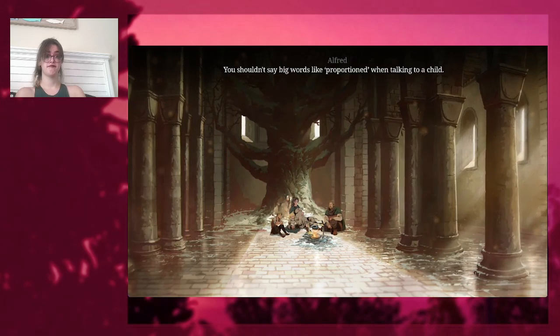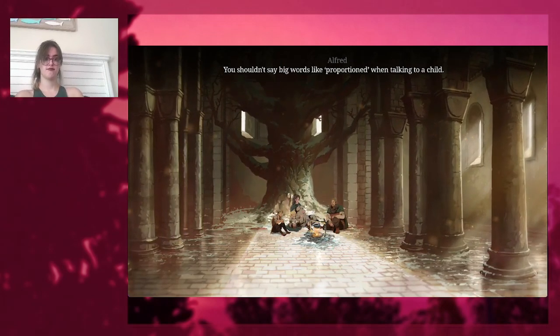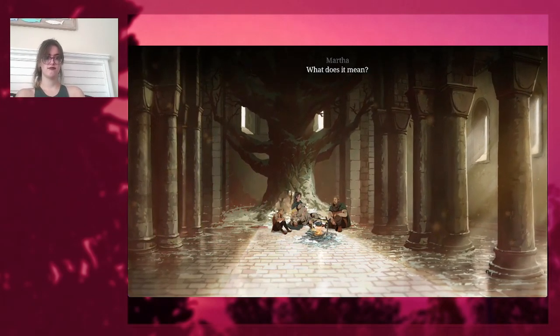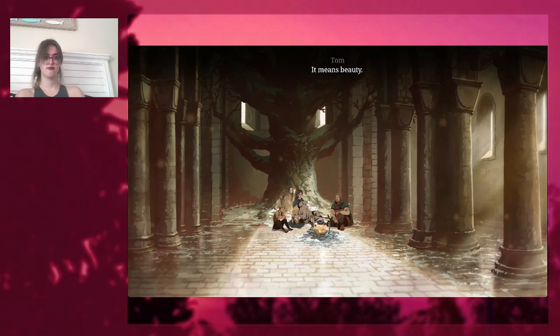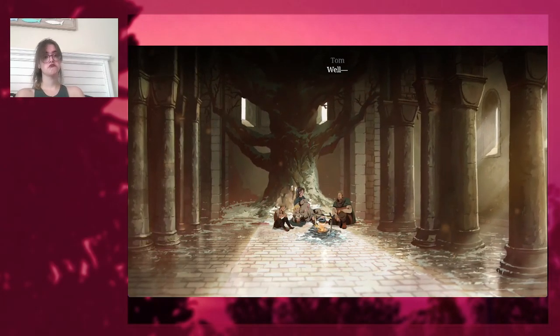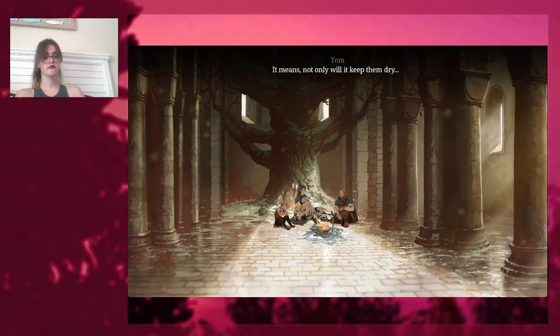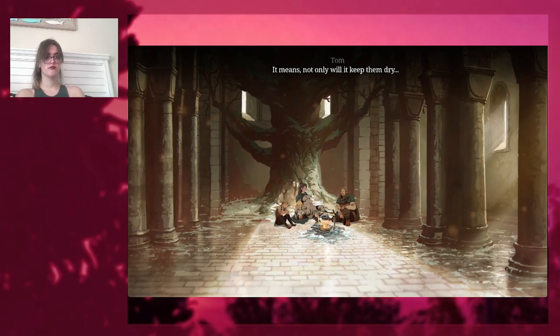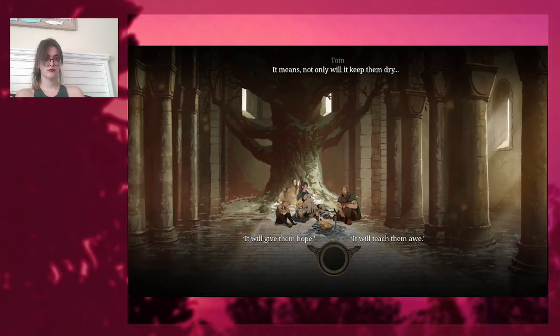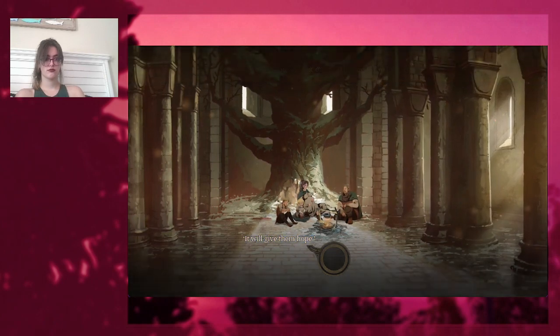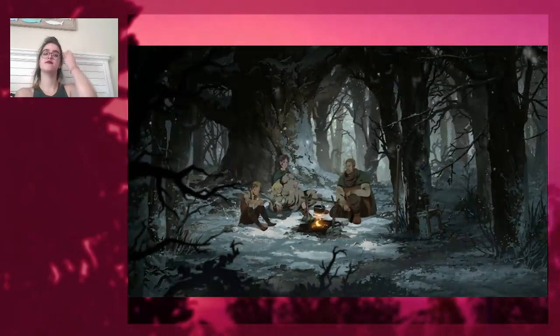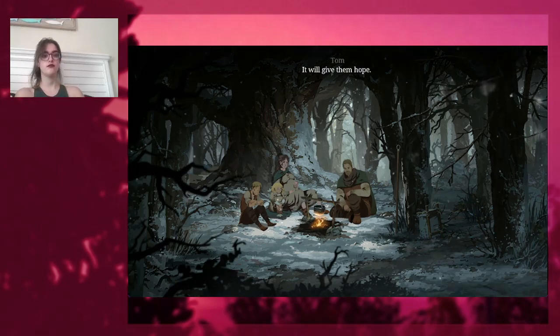You shouldn't say big words like proportioned when talking to a child. What does it mean? It means beauty. Well, it means not only will it keep them dry, it will give them hope.